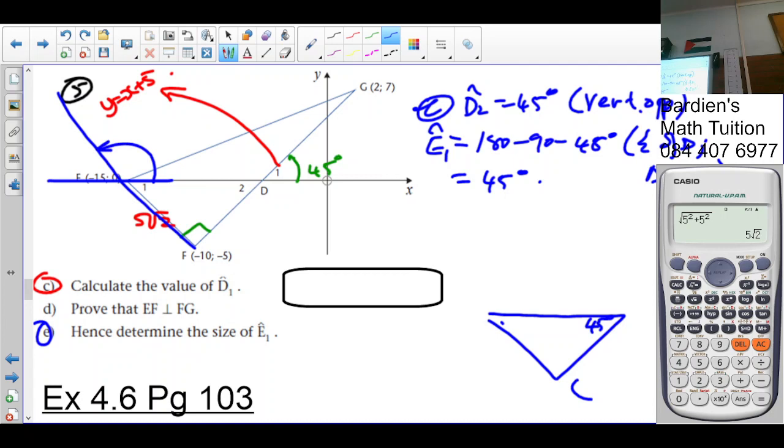As the gradient is negative 1, the angle of inclination will be 135 degrees. So how would I work this one out? Angles on a straight line, which will result in 45 degrees. Either way, you'll get the full mark for that question.